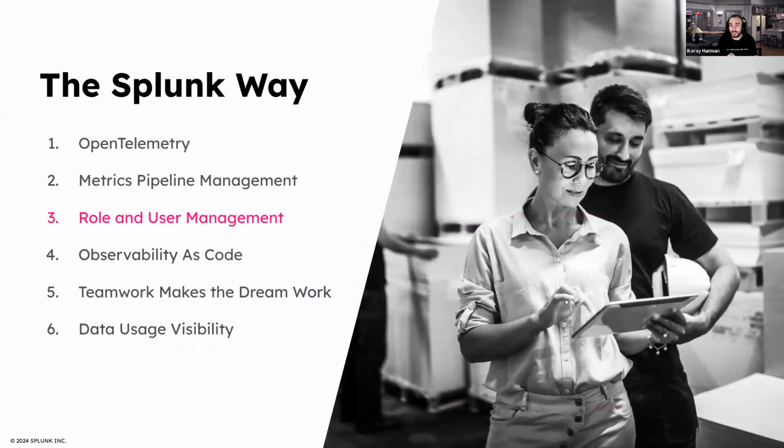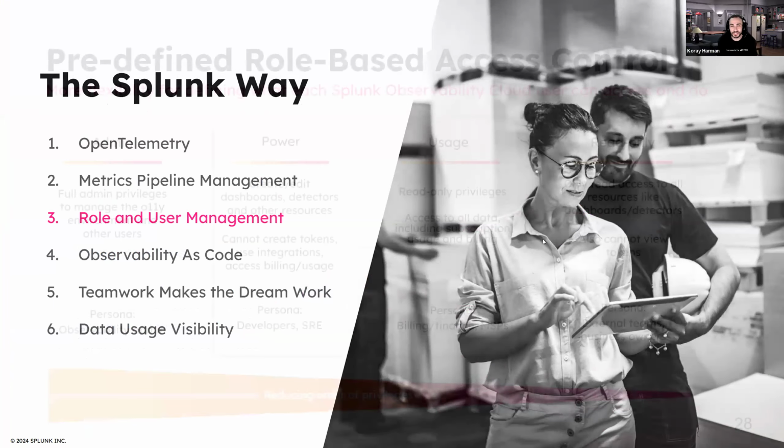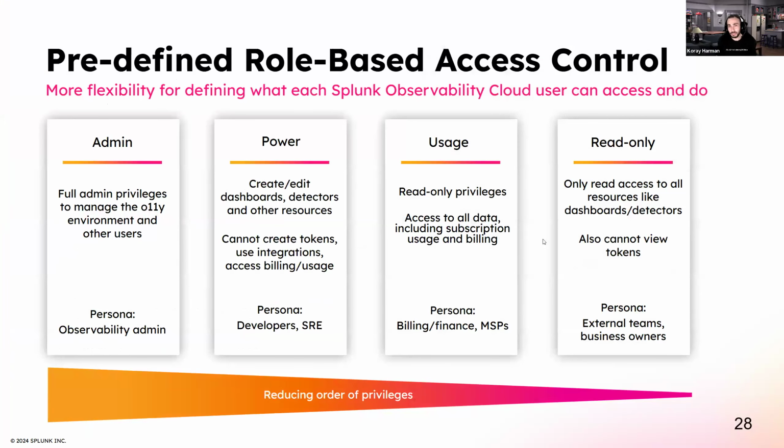Okay, another key one when we think about moving to especially a self-service model is having the right roles and permissions in place. So of course, role and user management. There's a number of predefined roles that you can provision to users within the team, whether it's administrator, power, just view access, and even down to just billing access as well, if you've got people that need to see billing information.